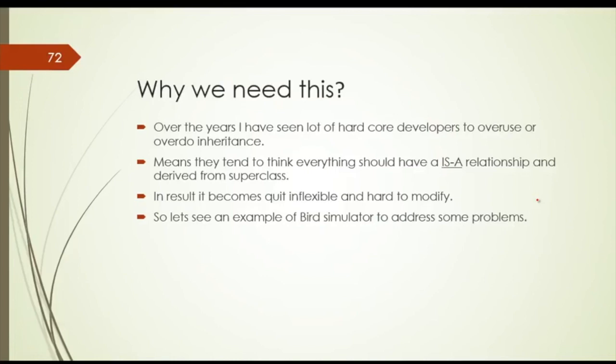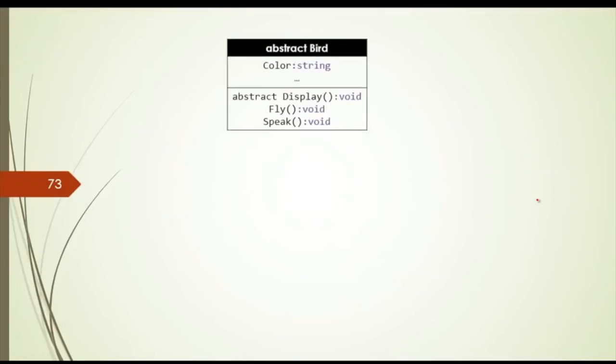So let's see an example of bird simulator to address some problems. So let's say we have a bird simulator abstract class. The abstract class is named as abstract bird. The class has some properties like the color of the bird or how it speaks, something like that, and some methods like display method.